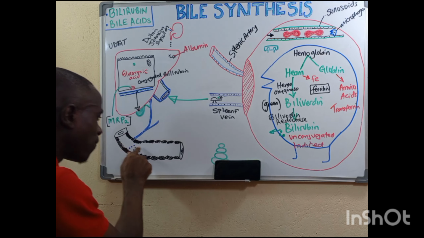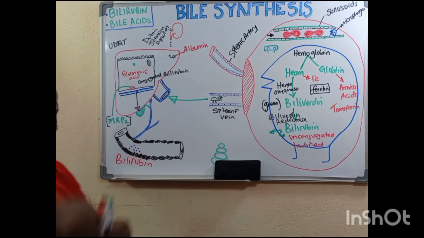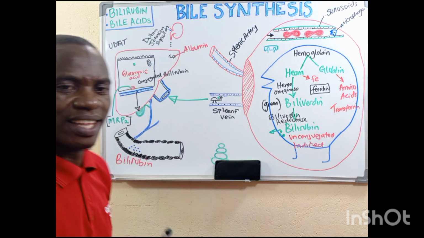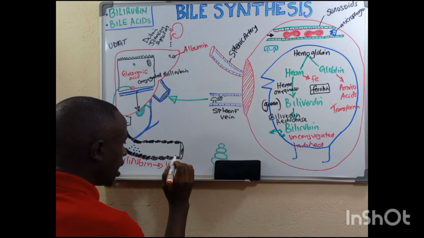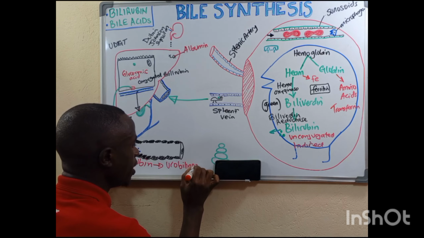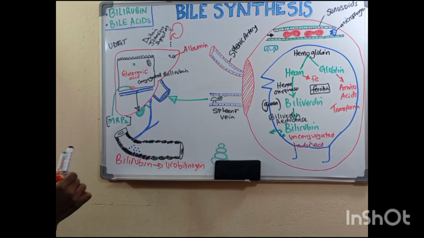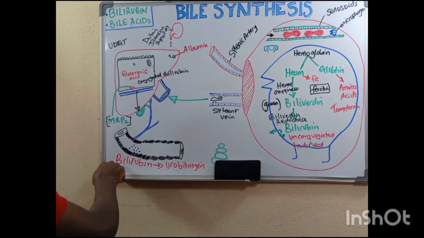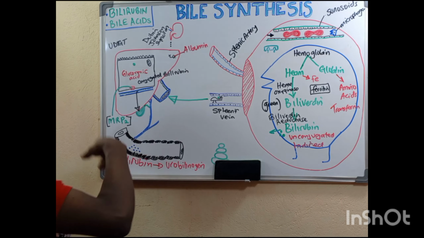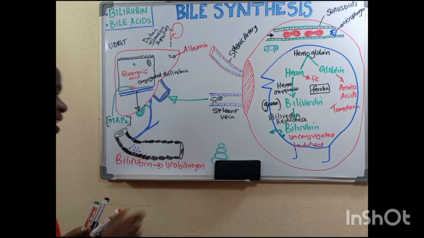The bilirubin is broken down by bacterial enzymes into another molecule, which we call urobilinogen. So conjugated bilirubin becomes urobilinogen by the influence of the bacterial enzymes within the intestines.